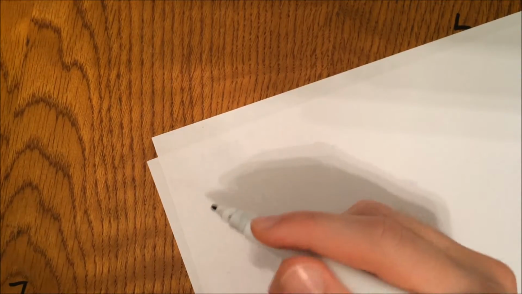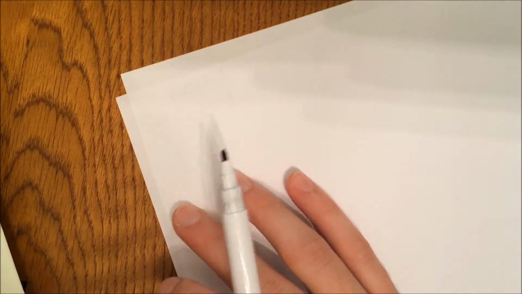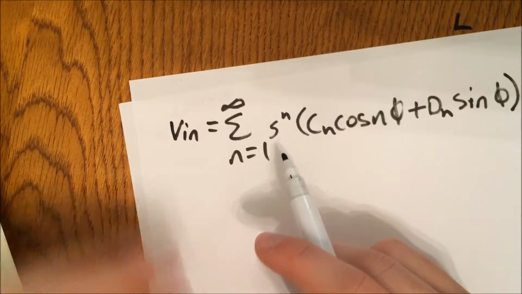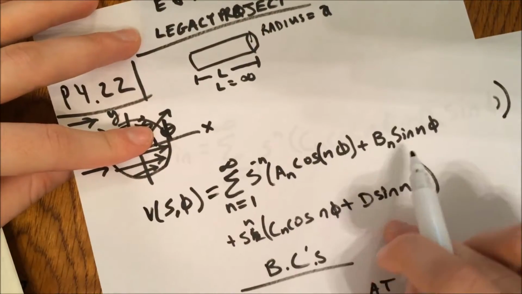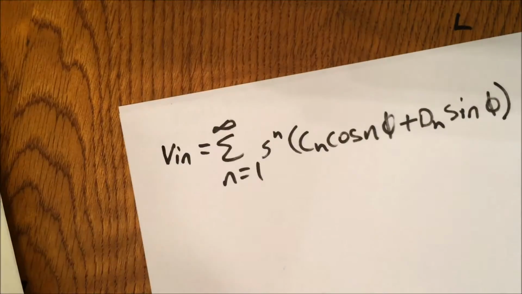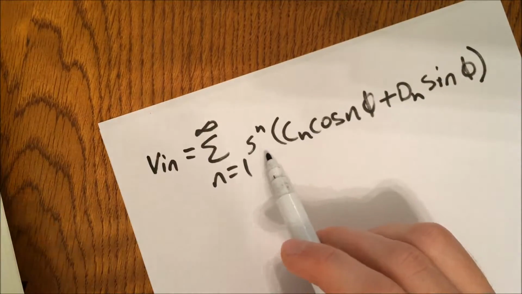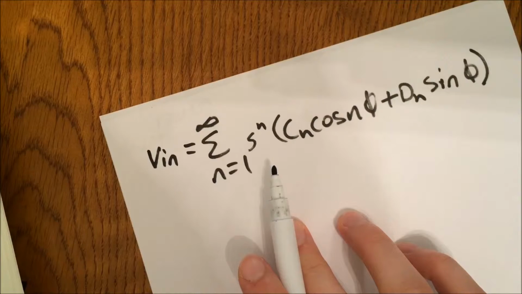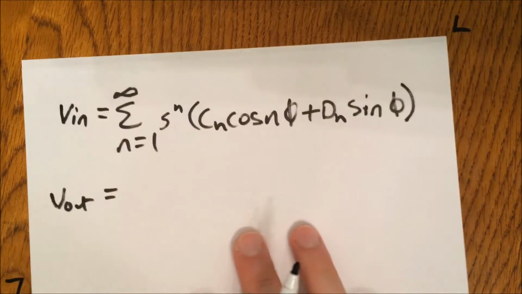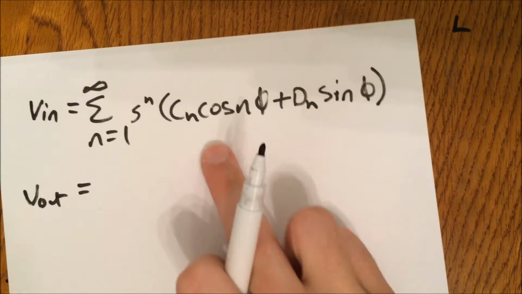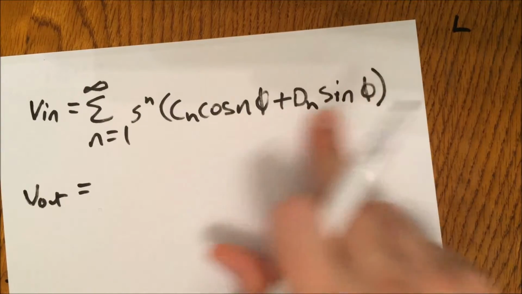Alright, so let's look at the potential function inside the cylinder. Once again, because at S equals 0 this term blows up, we're only left with the other terms. And the potential function on the outside: inside the cylinder, we're only left with this term here.